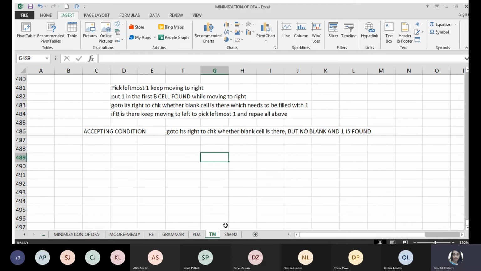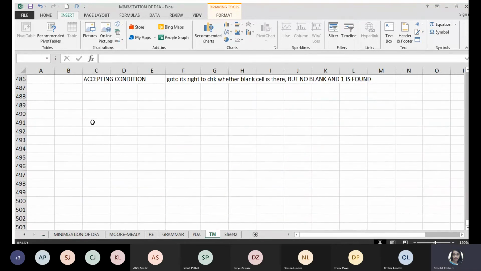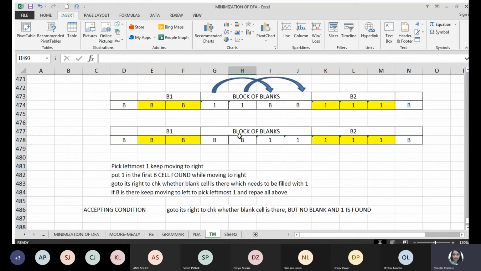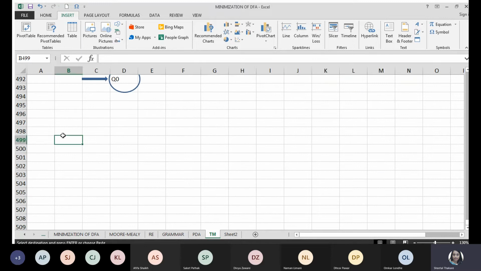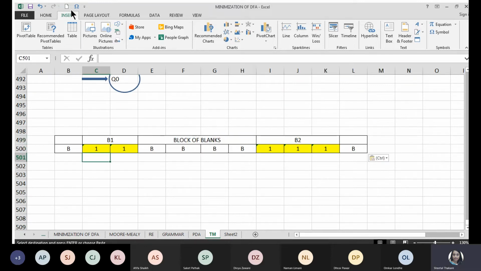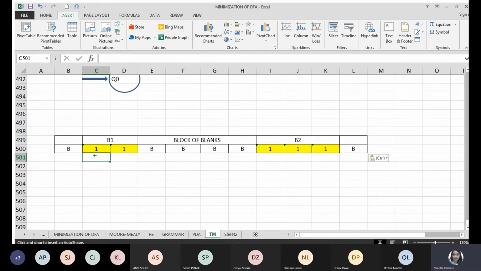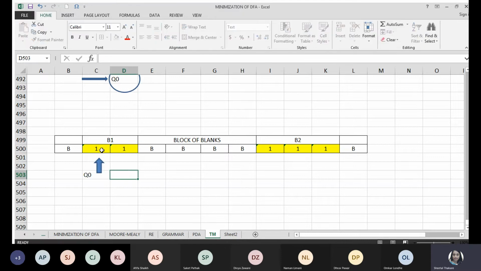So now we will design the Turing machine. To 0, क्या करना है आपको? Pick the leftmost one. Obviously it is pointing to this leftmost one. यहाँ पे when you start processing you are in Q0 and it is pointing to this one.